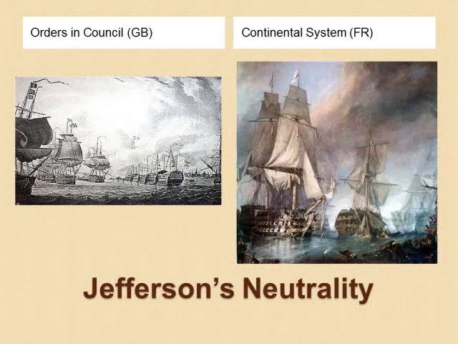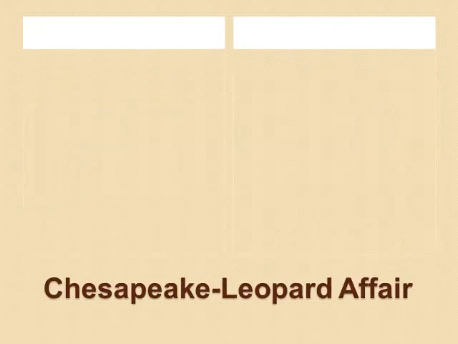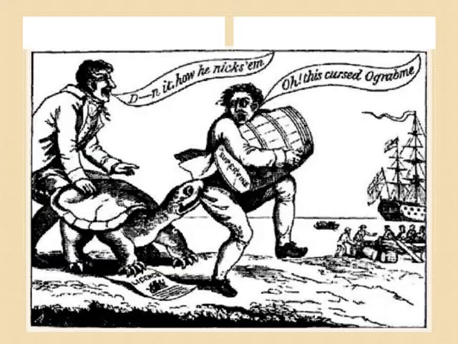And how happy are we about this? Not happy at all. And so Jefferson says, fine, you're not going to take America seriously, and you're going to attack us? Embargo. And you have the Embargo Act of 1807, which is somewhere on the slide, but is hiding behind this picture.